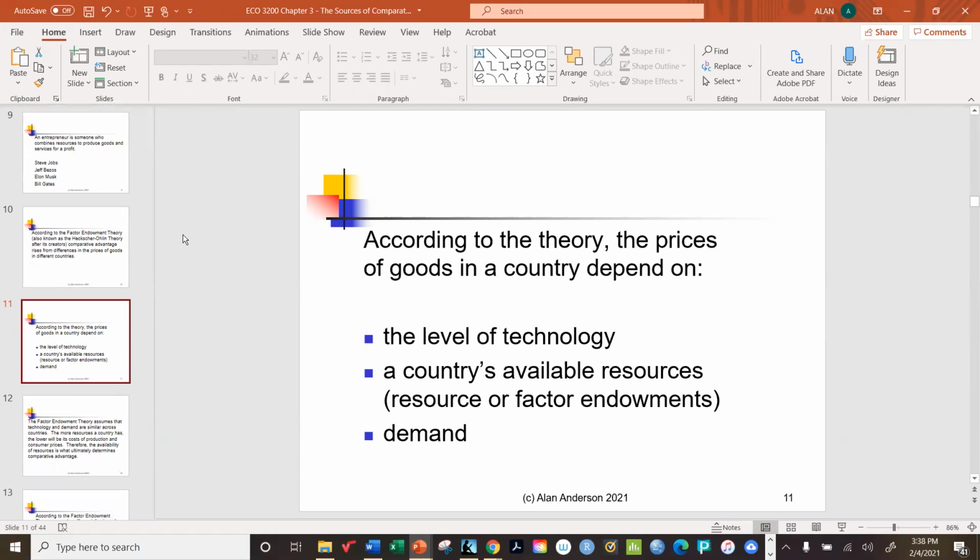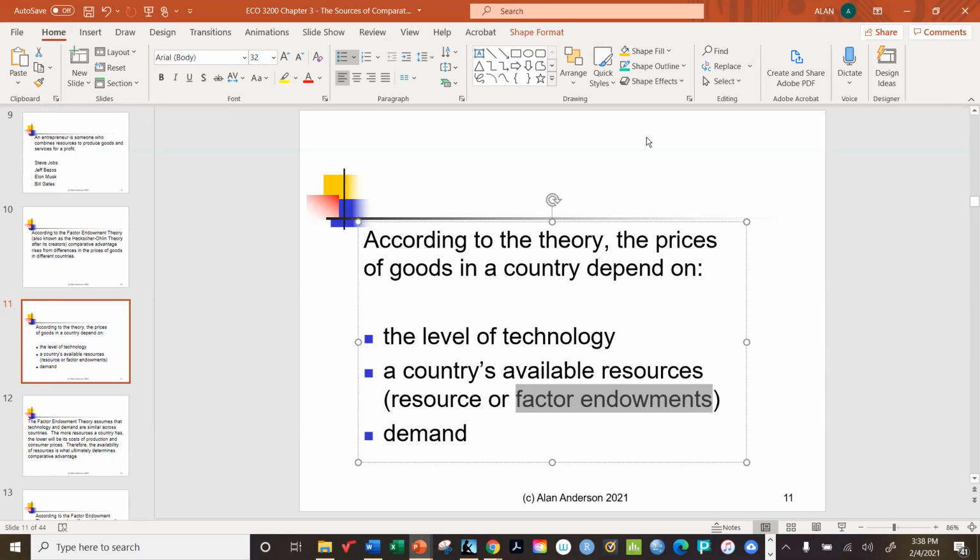Well, according to this theory, the level of prices in a country depends on the level of its technology, the resources that it has, and those resources are often referred to as factor endowments, and of course the demand for its products.